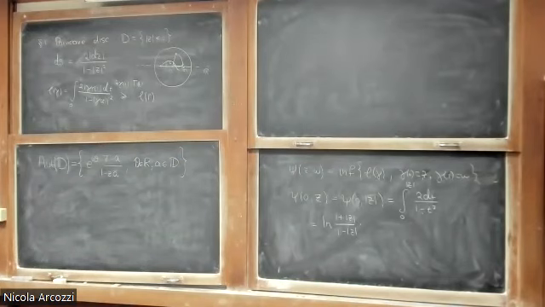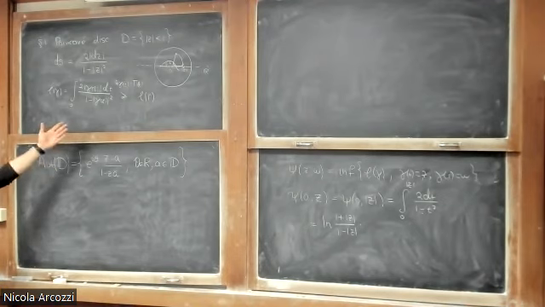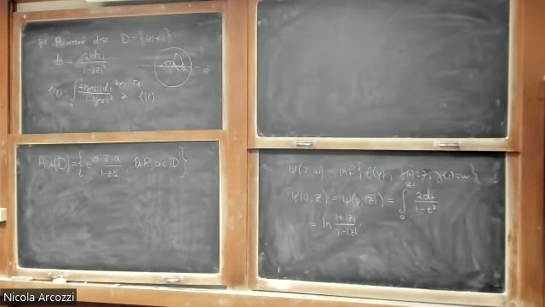As I said, if you know what you're looking for, it's easy to write down. But it will turn out that these automorphisms of the disk are in fact isometries for the hyperbolic metric. This will be very useful for us, and we will prove it.